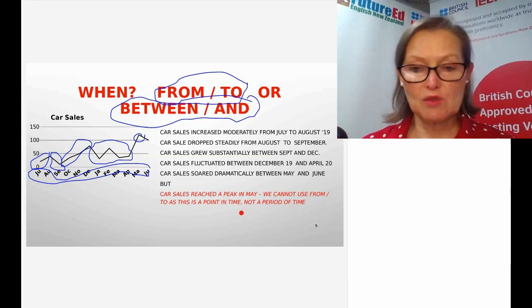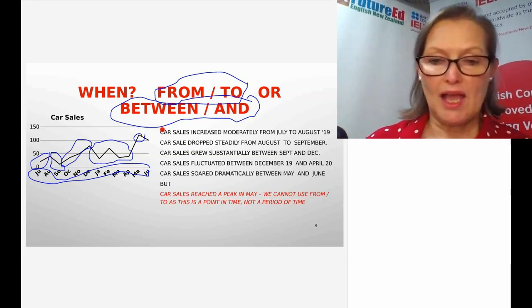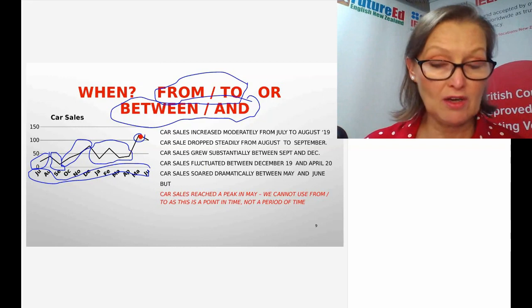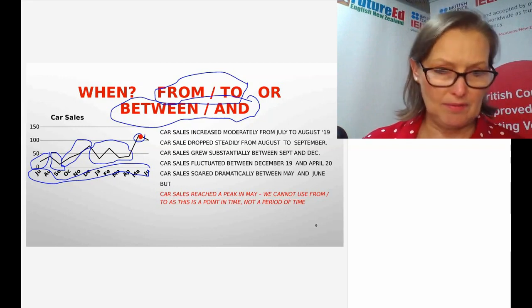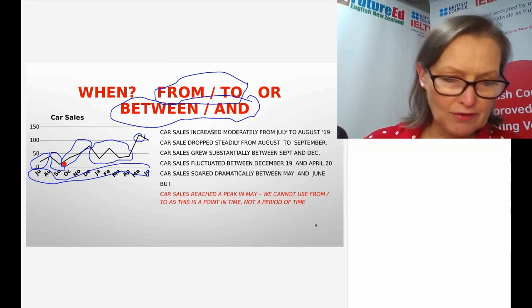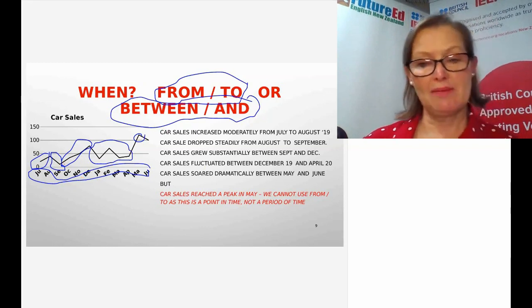So there I've just got to talk about in May. And so we can't use from, to, and between when we talk about reached a peak of 120, for example, in May, or perhaps reached a trough of 25 in September.